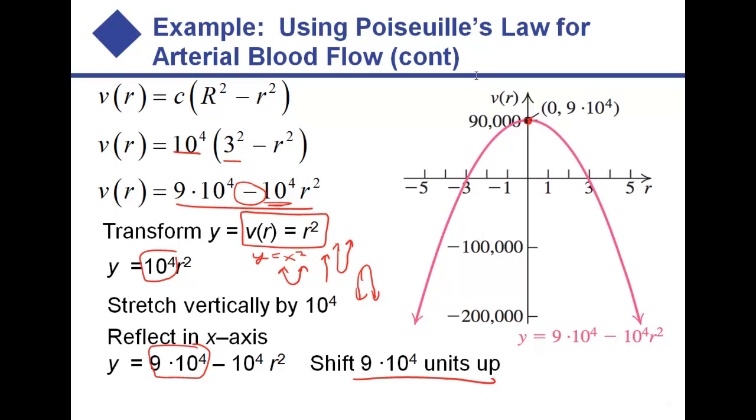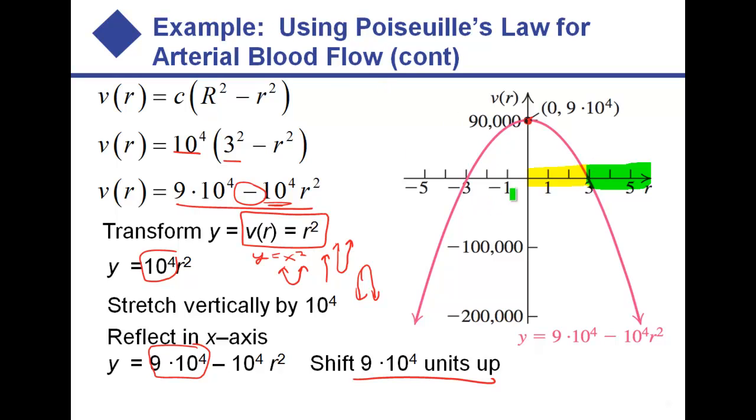Well, that artery had a radius of 3, so really your distance can only go from 0 to 3. So the only part of x that matters is right there. Any x less than 0 doesn't make sense. How can you be a negative distance from the center? And then any distance greater than 3 also doesn't make sense, because then you'd be outside the artery.